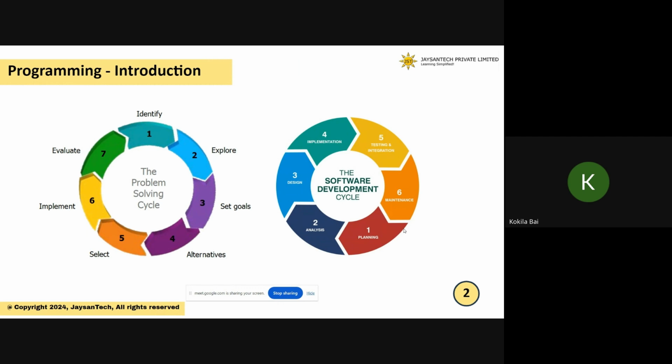So number one is planning. So what did I say? Planning will help you to identify what are all the things that you need to actually implement in your software. That is what people want your software to do for them. So that identification of various features of the software is done in planning. Number one, can you see here the red color one?